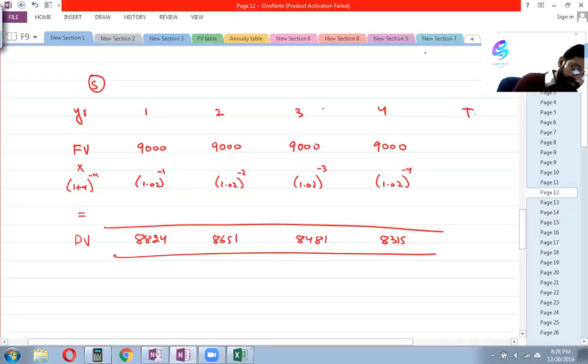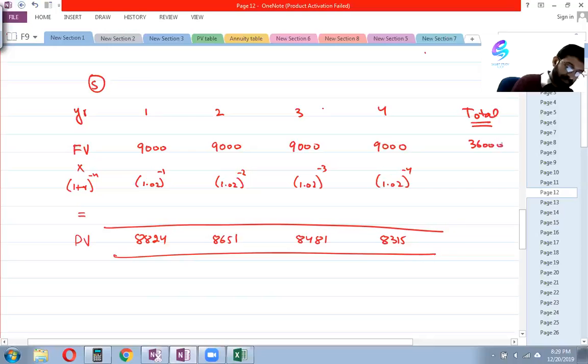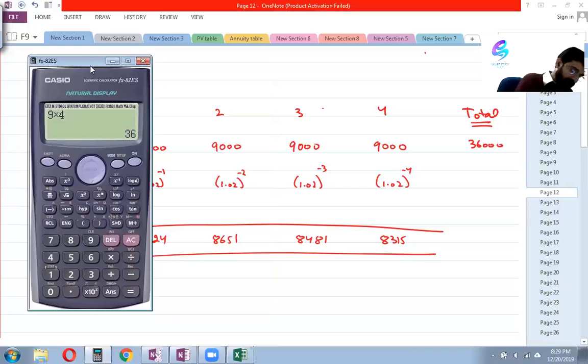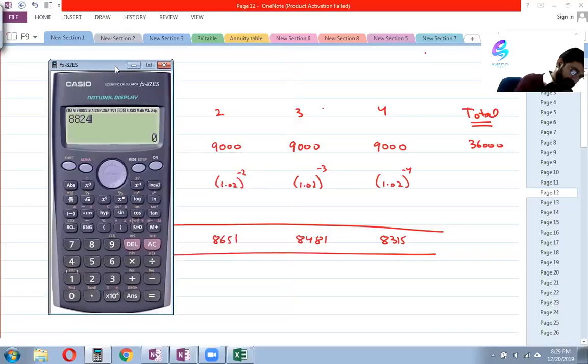So if you have a total of 36,000 future value, so the total present value will be, if you can add all of them, 8824 plus 8651 plus 8481 plus 8315, that will be 34,271.